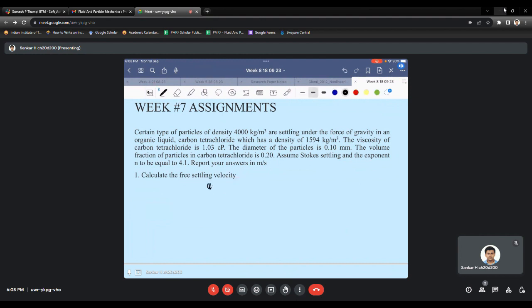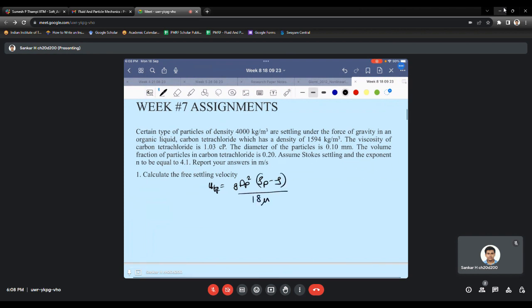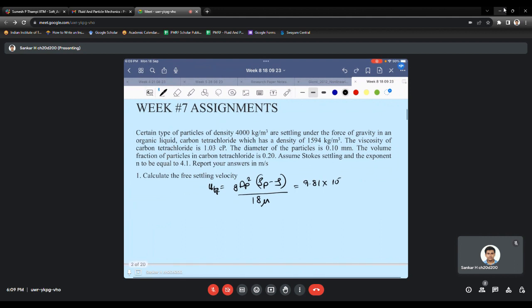The terminal settling velocity or the free settling velocity is given by g dp square (rho p minus rho) by 18 mu, which is 9.81 times dp, 0.1 millimeter, which is 10 raised to minus 4, square, times (rho p minus rho) divided by 18 mu, where mu is 1.03 into 10 raised to minus 3.